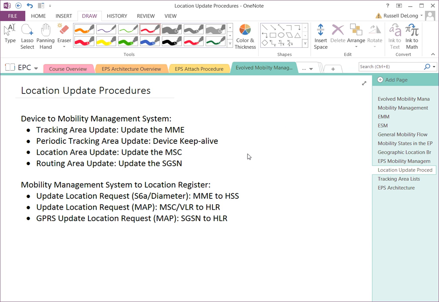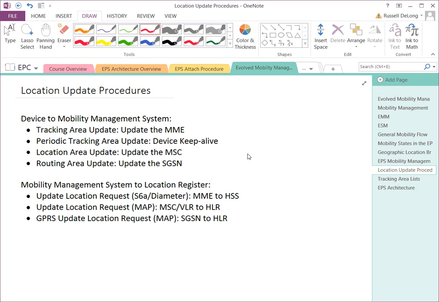So location update procedures, device towards mobility management entity. Tracking area update is sent to update the MME when the user is moving across the network. If a user crosses tracking areas, he can send a tracking area update, because if you recall, when the UE is in an ECM idle state, the MME only knows what tracking area the user is in.